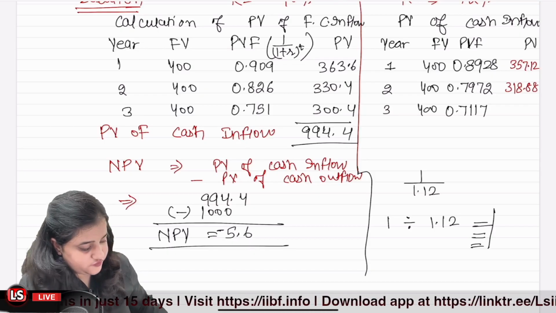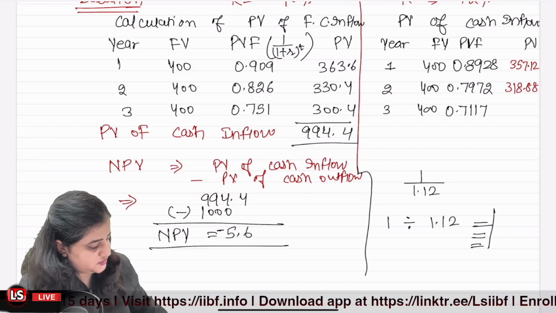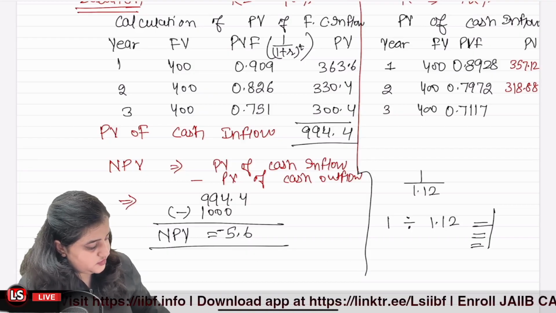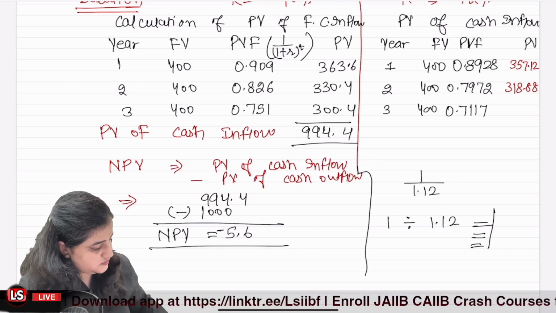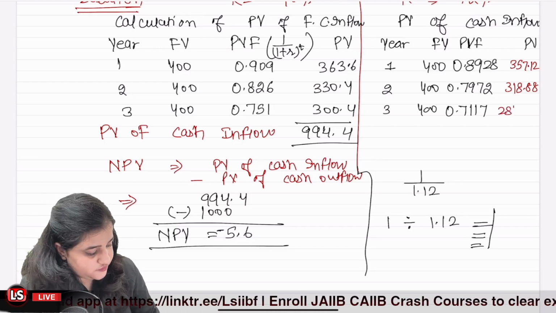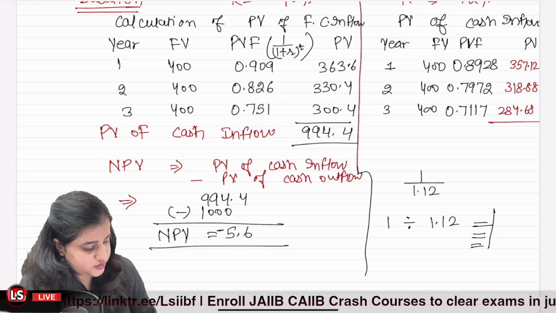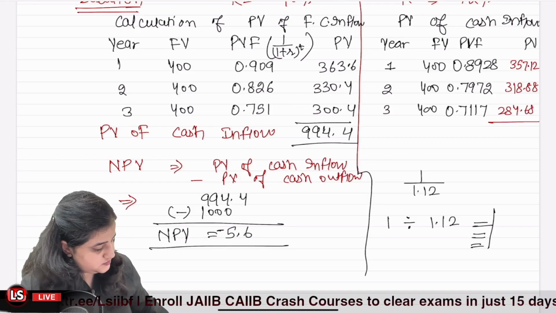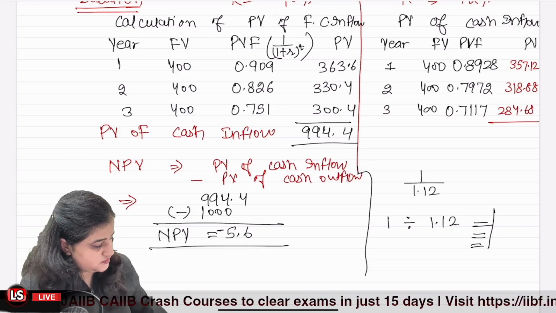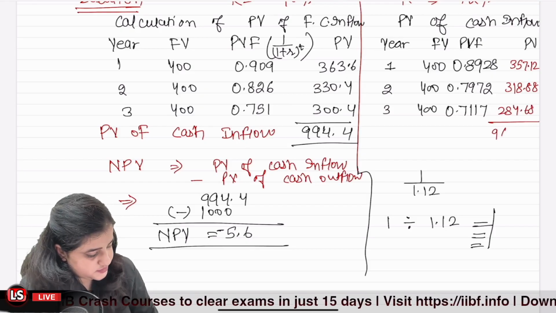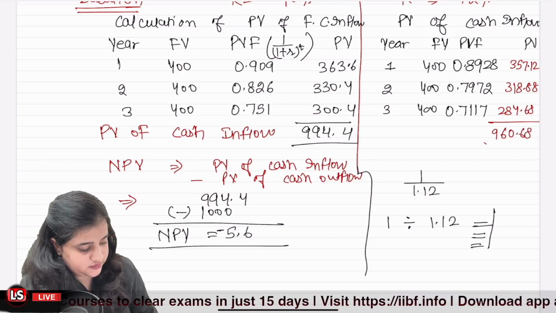For year 3, 400 into 0.7117. We get 284.68. So the total is 960.68.